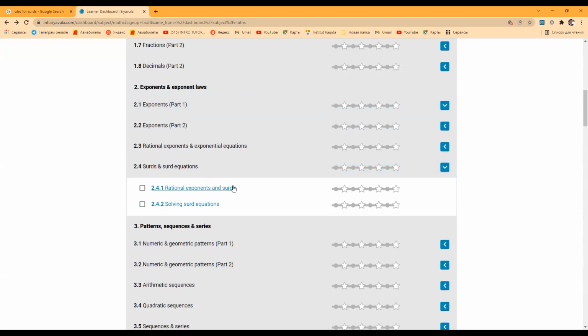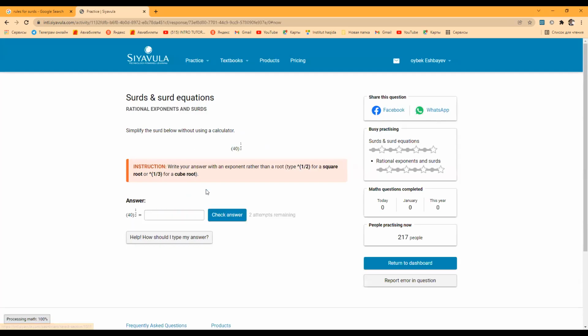Here we also have Surds, rational exponents and Surds. You have this kind of Surds as well. So, simplify the surd below without using a calculator. How can you simplify it?